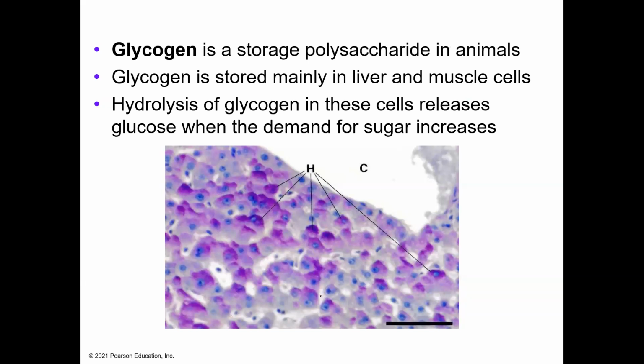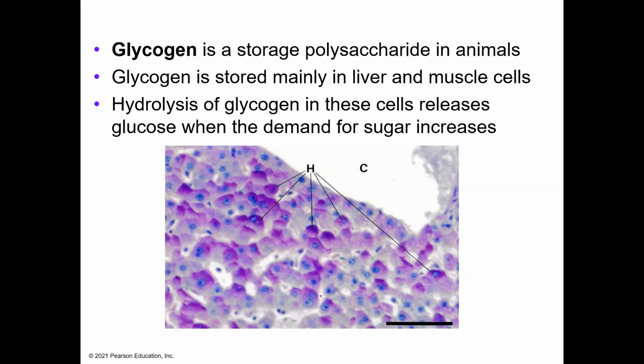Animals are also able to do the same thing, and we don't store in the form of starch, we store it in the form of glycogen. So glycogen is the energy storage polysaccharide that is found in animals. Glycogen is mainly stored in the liver and in your muscle cells.